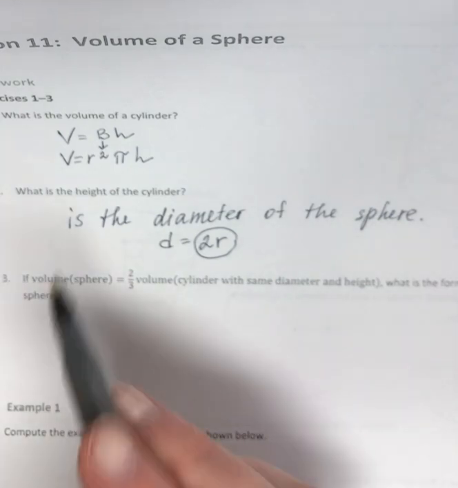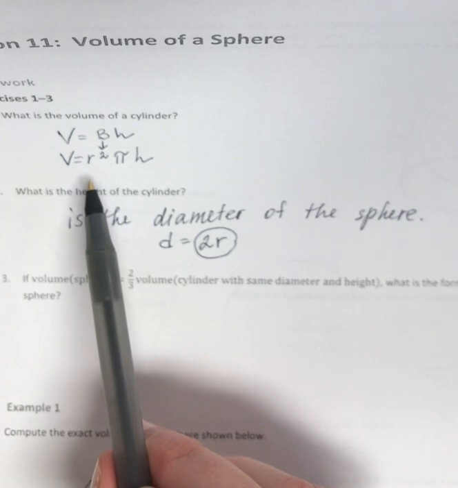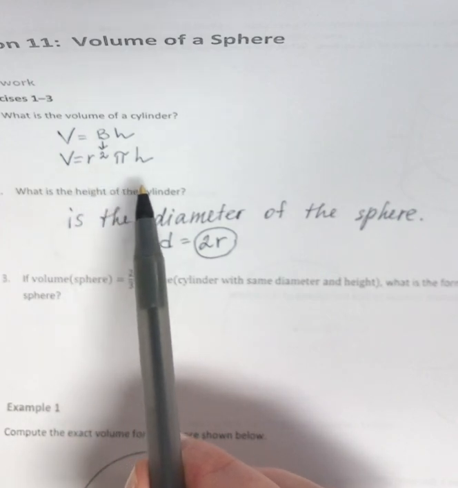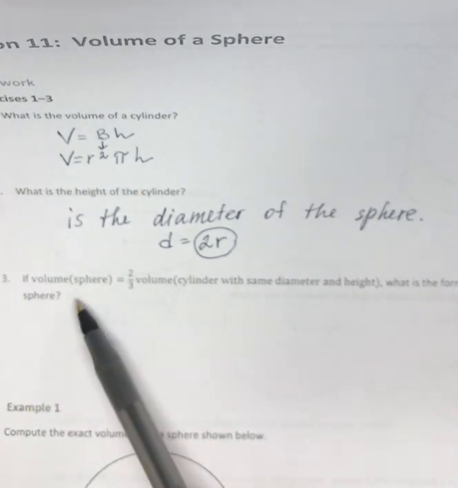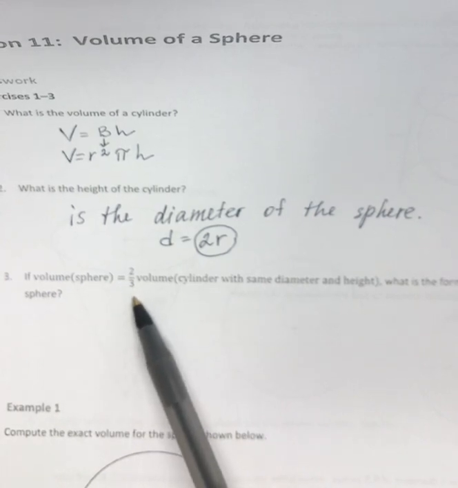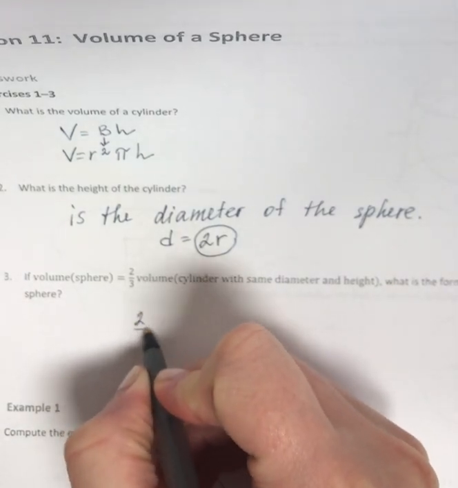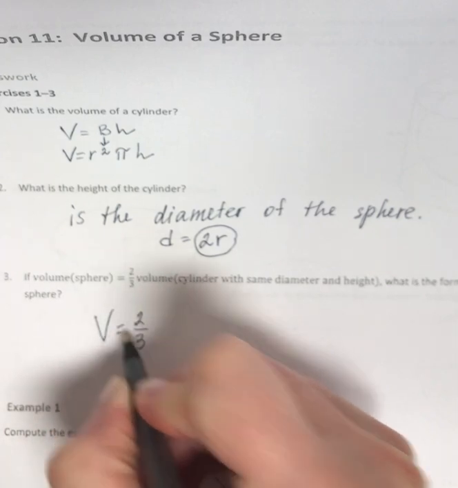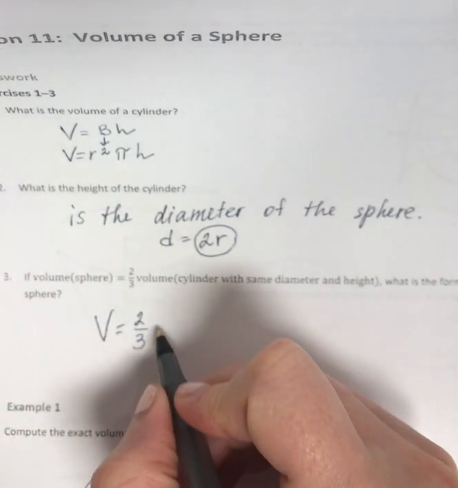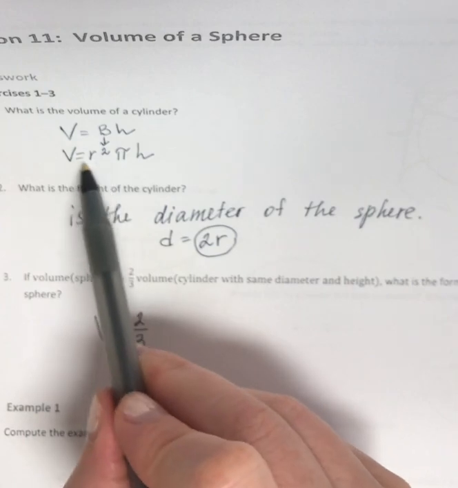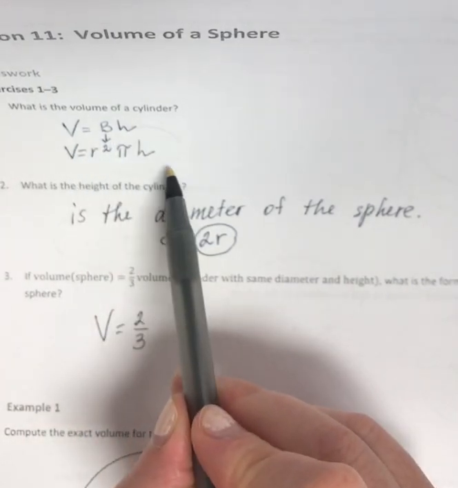Since we know that the volume of the cylinder is r squared pi multiplied by the height, and the volume of the sphere takes 2/3 of that, our formula for the volume of the sphere will be found in the same way as we found the volume of the cone. Volume equals 2/3, and we are going to multiply it by the volume of the cylinder.